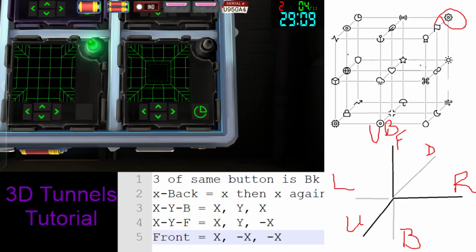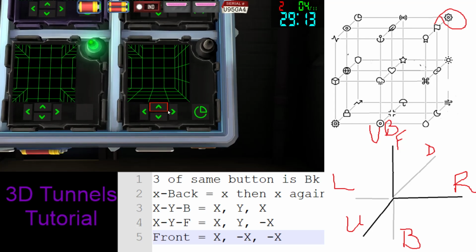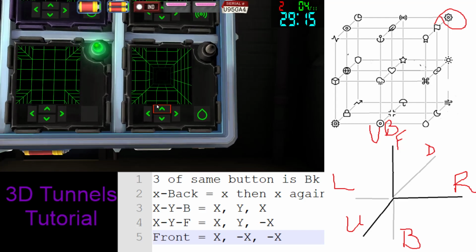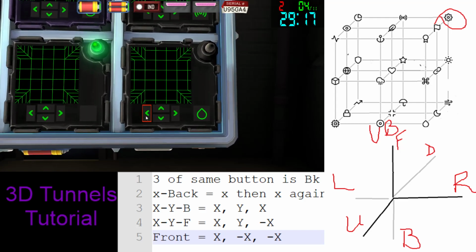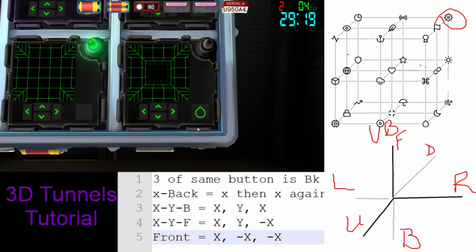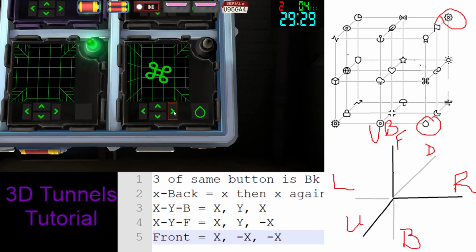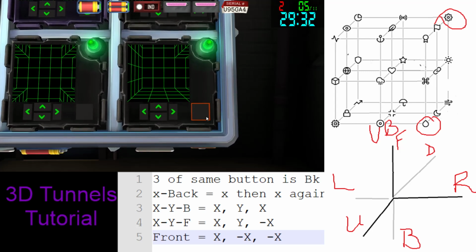That's down, left, front, down, left, front by doing opposite. And then drop is over here, so that's up, right, back. Back means we're going to do same direction. Up, right, same direction. And that's how I do the 3D tunnels.